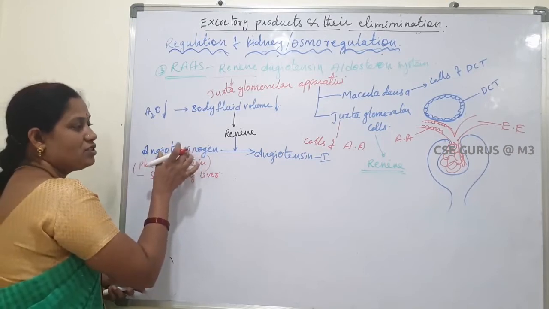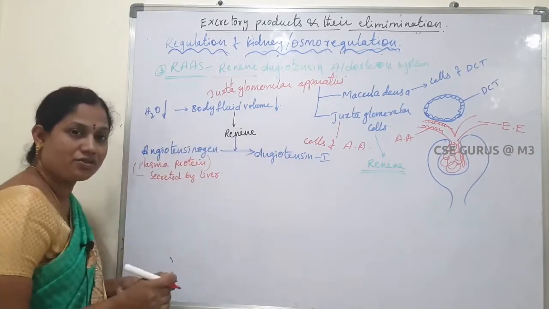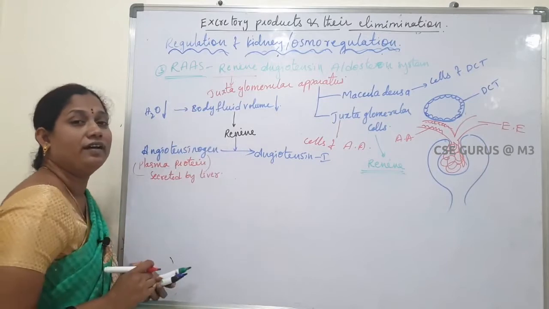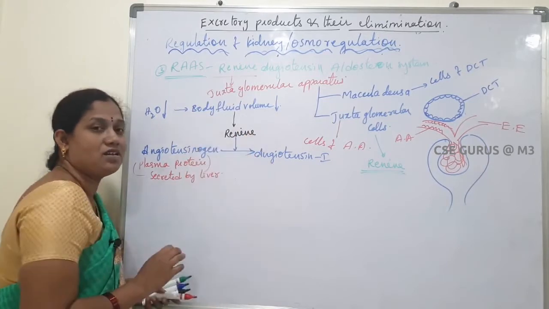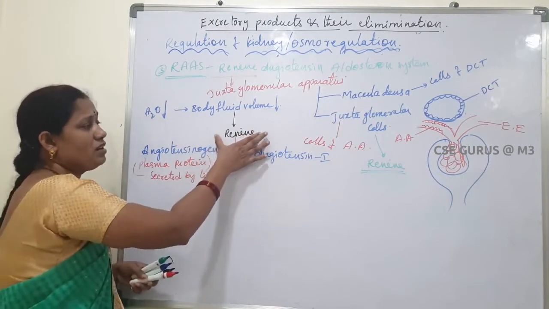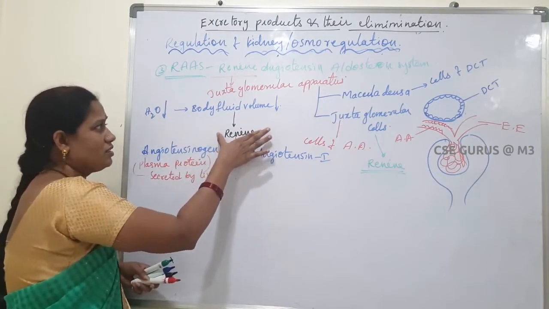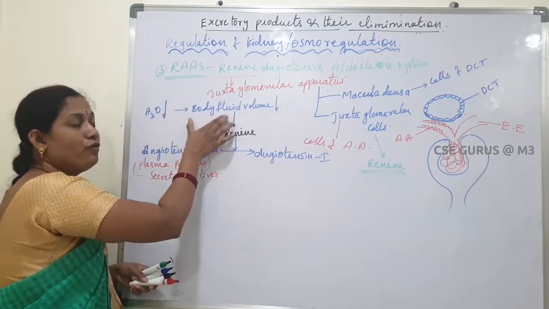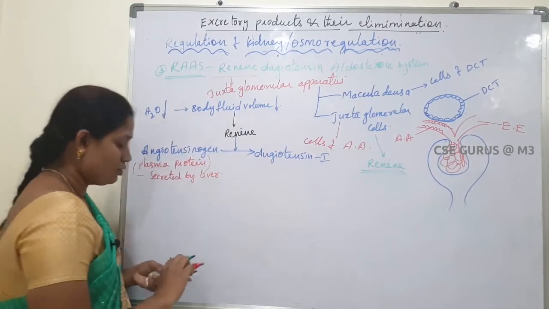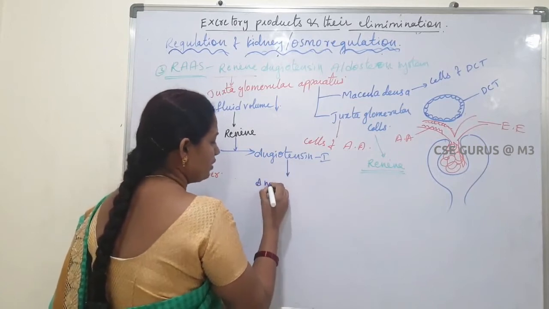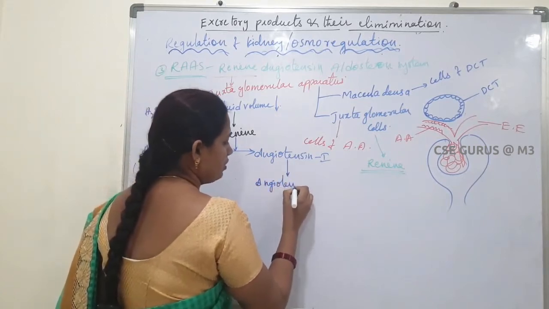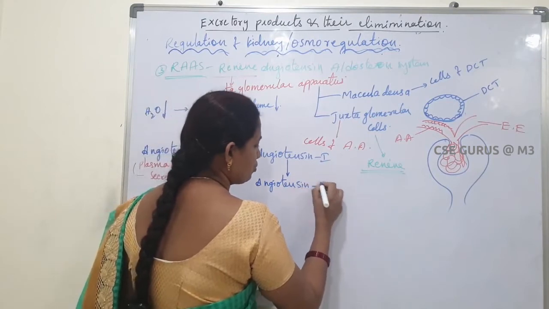This angiotensinogen is converted into angiotensin 1 in the presence of renin enzyme. For this conversion, the renin enzyme is essential, and it is secreted when the body fluid volume is decreased. Then angiotensin 1 further converts into angiotensin 2.